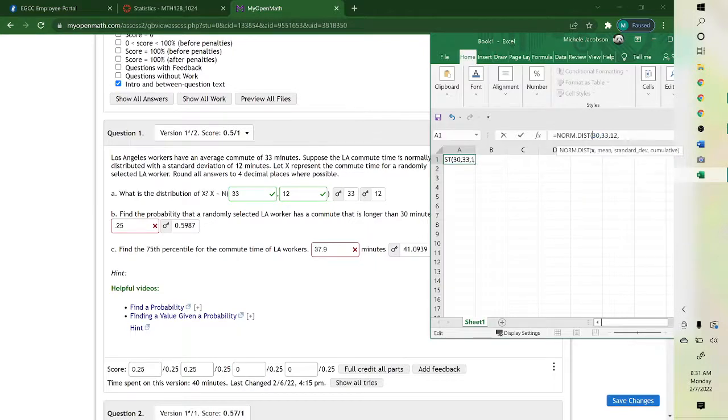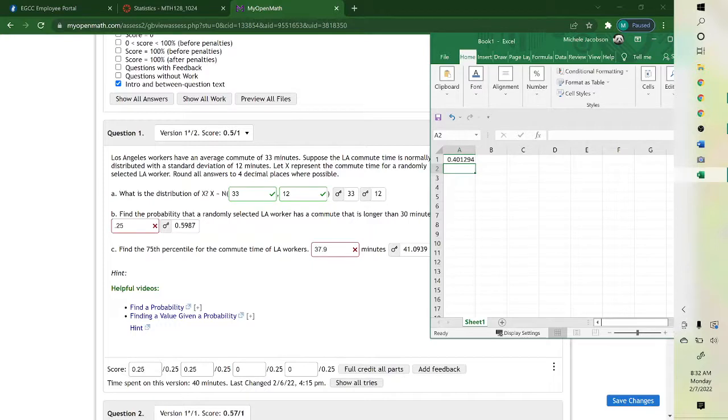I must have bumped something, but it should only be 30. It even tells you x, mean, standard deviation, and then cumulative. Cumulative is 1, because under the curve is a total of 1, 100%. And then just hit enter.